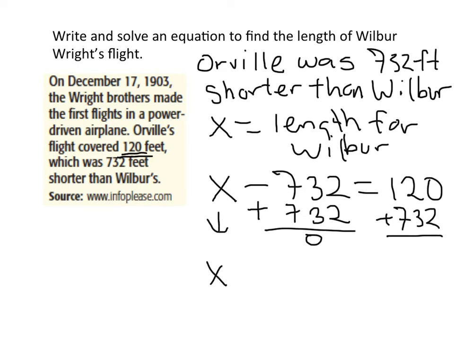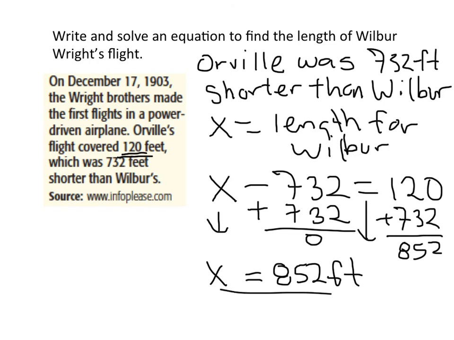Don't have to add the 0. Bring down the equal sign. Go ahead and add these two numbers because they're both positive. 852 feet. And x is equal to the length of Wilbur's flight. There we go.